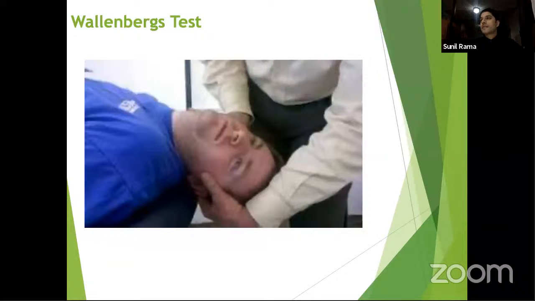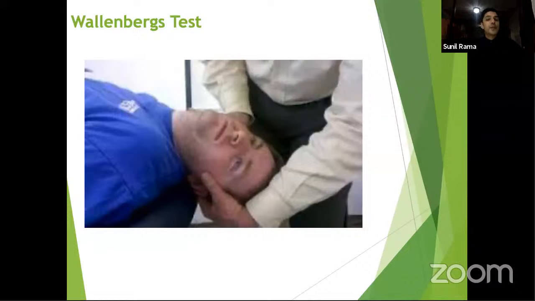Now, this is the Wallenberg's test. Here, the patient's head is taken off the bed, as you can see, into extension. We laterally flex the patient's neck, and then we take them all the way into rotation. Now, this is a very provocative test, once again, so the patient can experience symptoms, and they can experience some of the symptoms in the room.